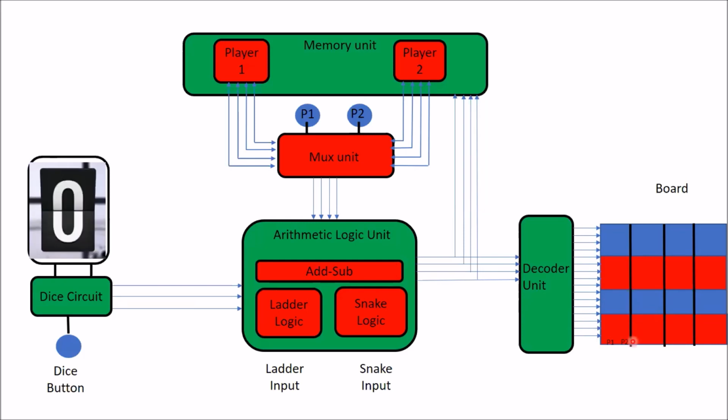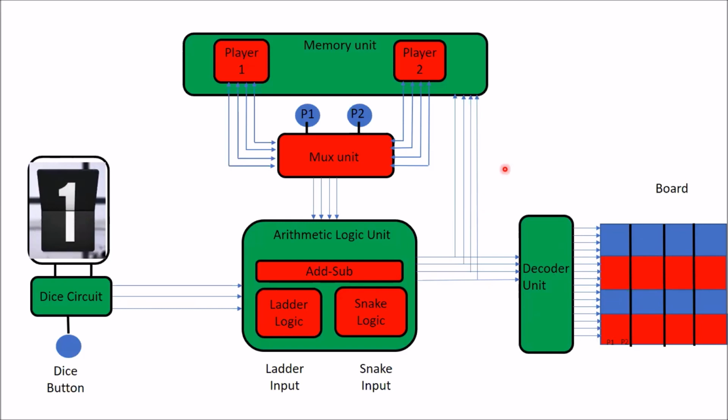You can use 16 LEDs of a particular color, say green for player 1, and 16 LEDs of another color, say red for the other player. Then from that player, you need to decode and show that particular LED. For this purpose you can use two decoders, or a decoder with a mask. That is up to your choice.